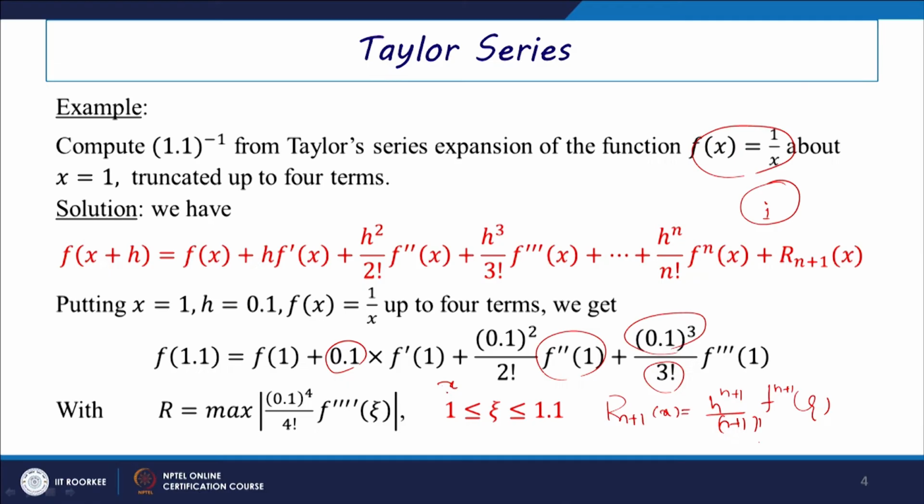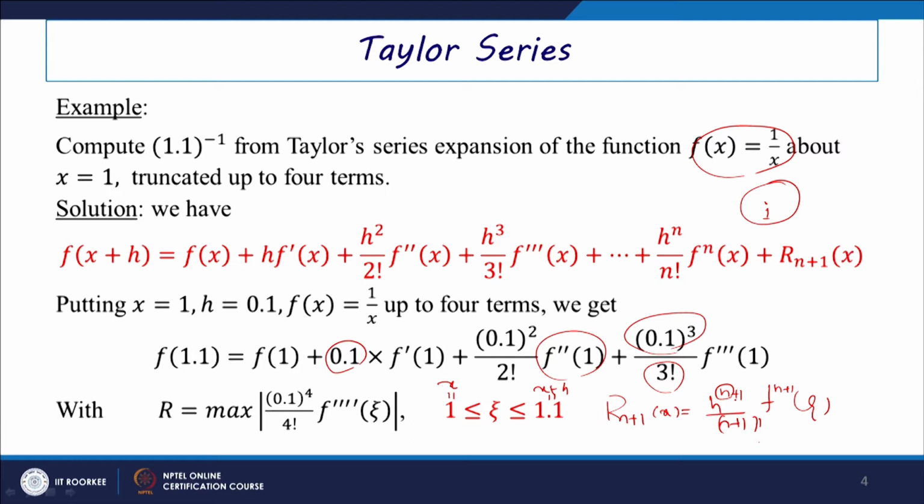So that is why this is the x range here, x equals to 1 here, and x plus h is nothing but 1 plus 0.1 here. And we can just express this remainder term as the maximum of h to the power 4, since it is asked to truncate up to 4 terms. So that is why we are just considering n equals to 3 here, and n plus 1 is nothing but 4 here.